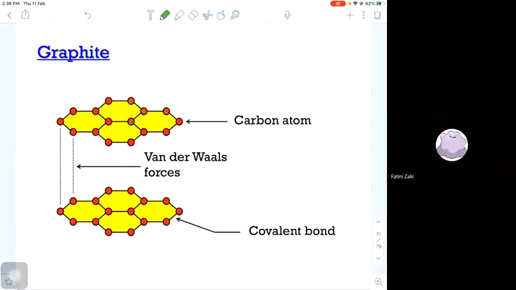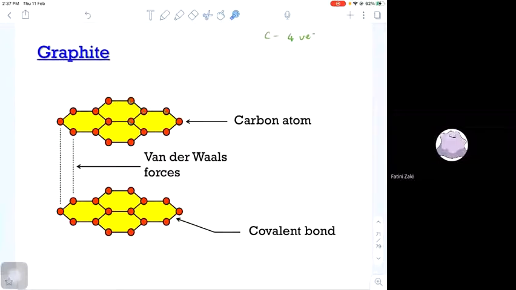Remember, just now carbon has 4 valence electrons, which means that carbon will form 4 bonds. Now when we look at the structure of graphite, each carbon forms bonds with 3 neighbor carbons. It means that each carbon will have 1 delocalized electron. It will have a multiple bond there.